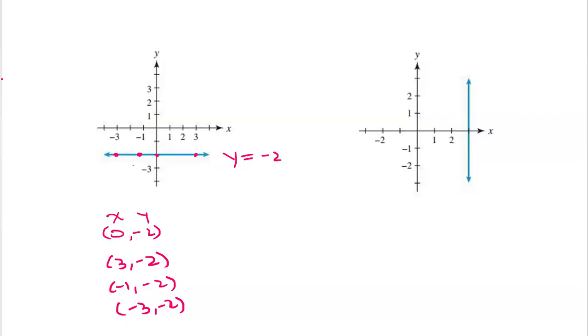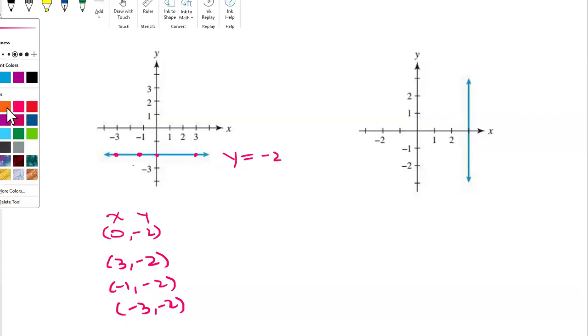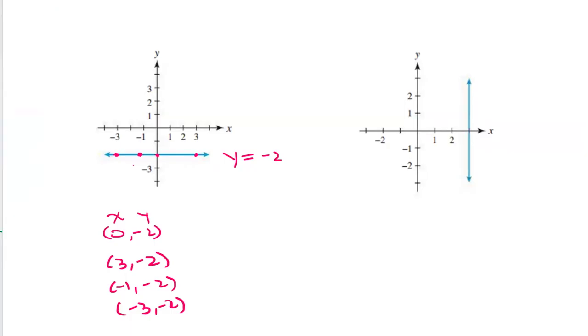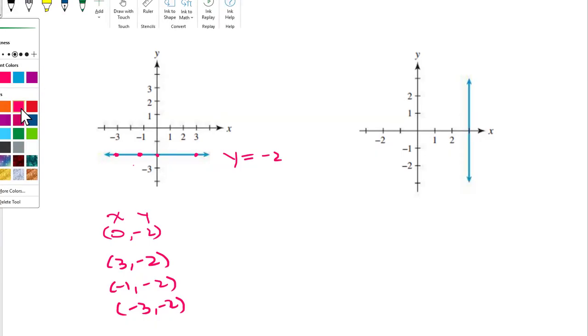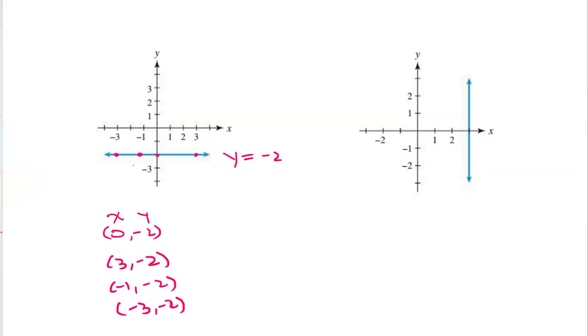Okay. All right. What about the next one? Okay. 3, 0. Good. So 3, 0 is right here. Here's a different color. Give me another point. So we got 3, 0. Okay.